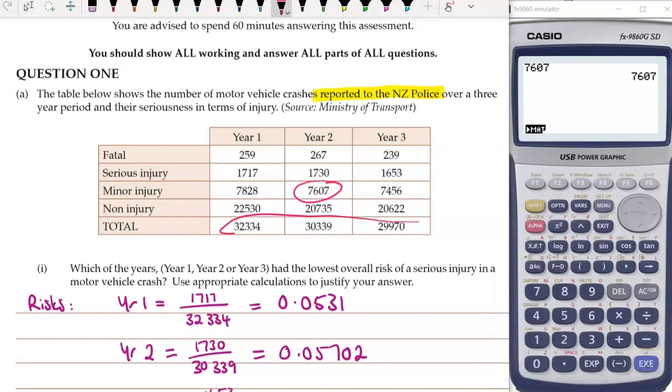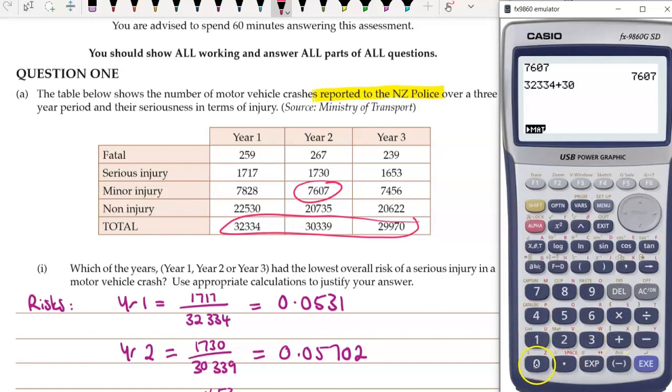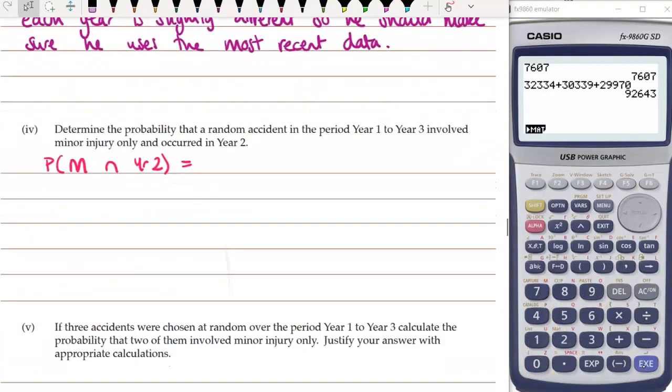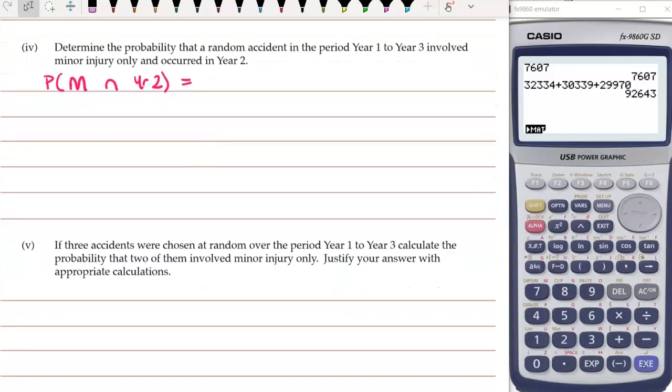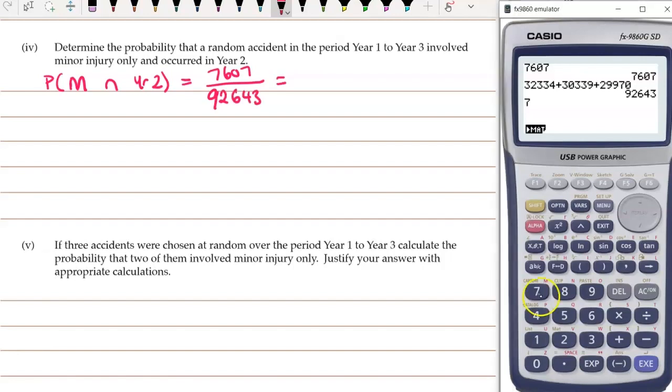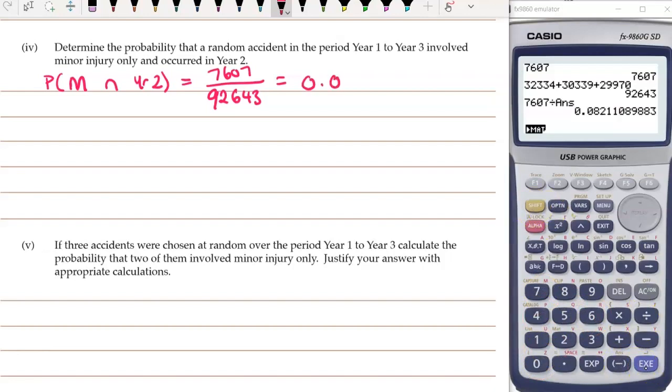And the total number of accidents we have here is 32334 plus 30339 plus 29970. So this is going to be 7607 out of our total. So it's 0.08211.